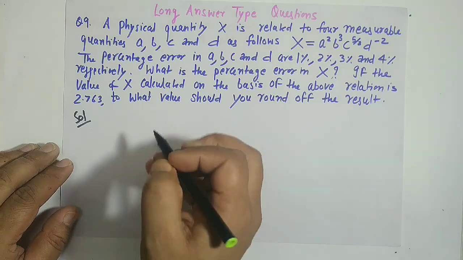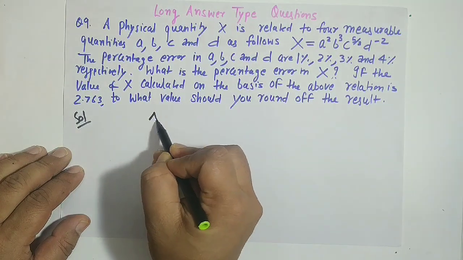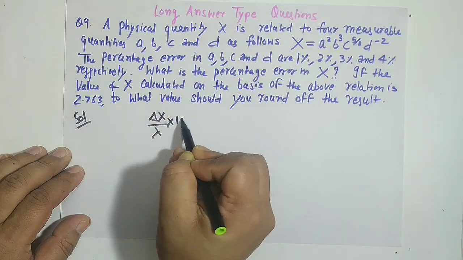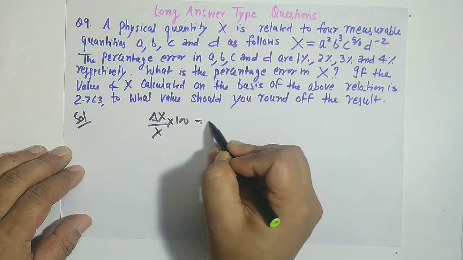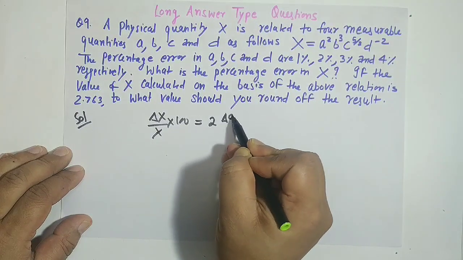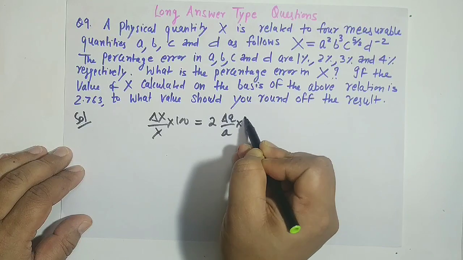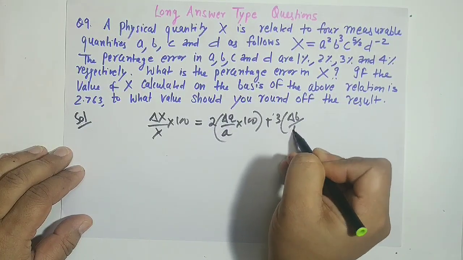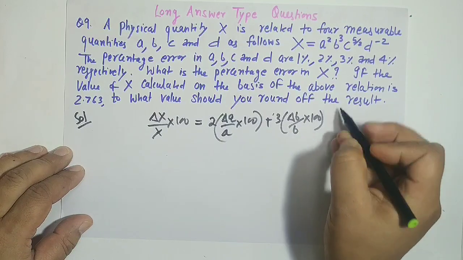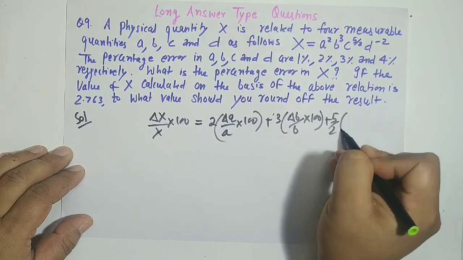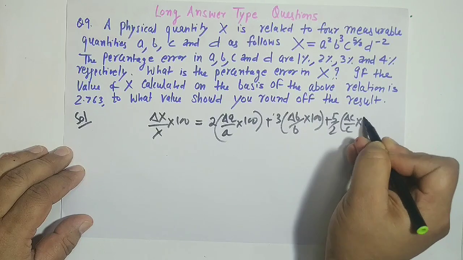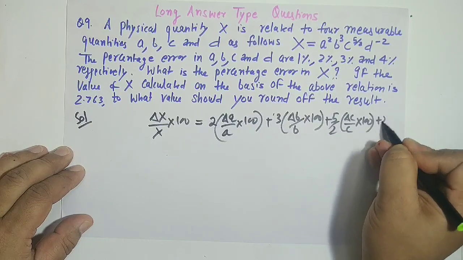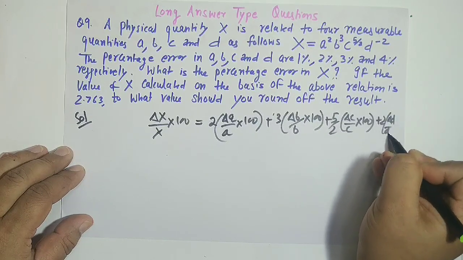The error is very simple. Delta X by X into 100%, I am going to write it, all of you know: 2 delta A by A into 100, then 3 delta B by B into 100, this you have already done, then 5 by 2 delta C by C into 100, then 2 delta D by D into 100, the last one.